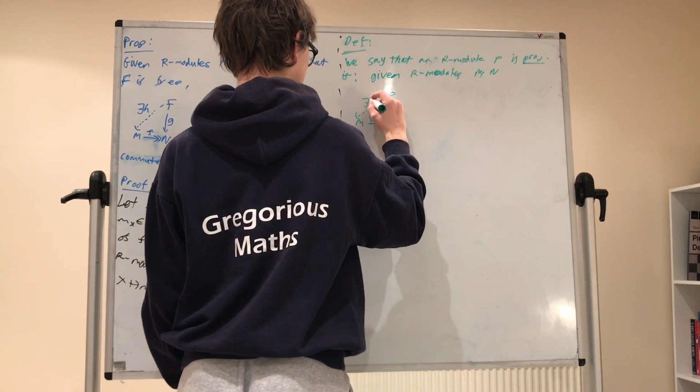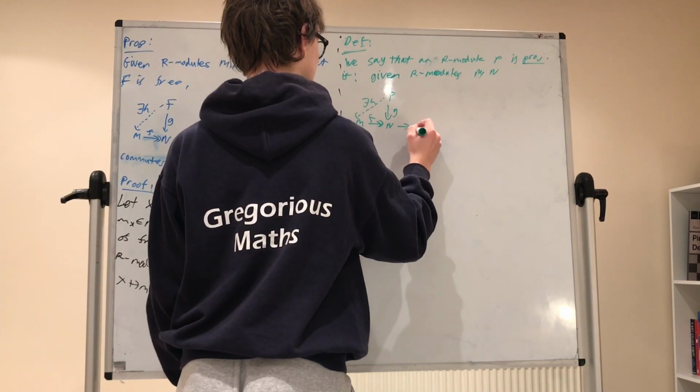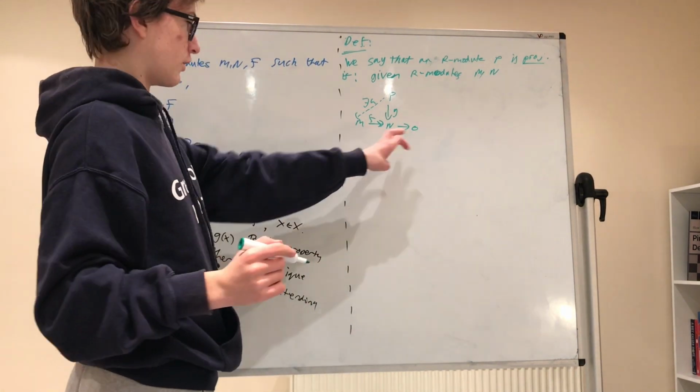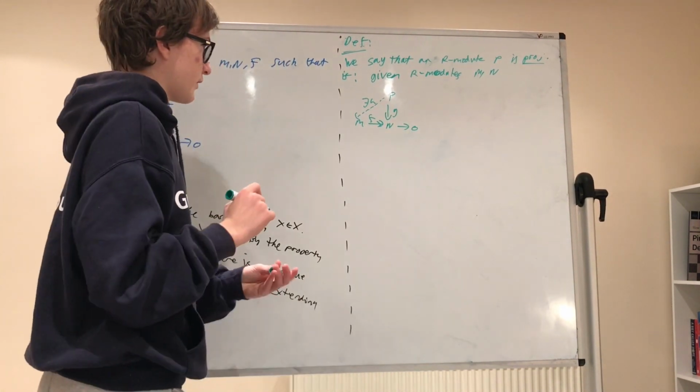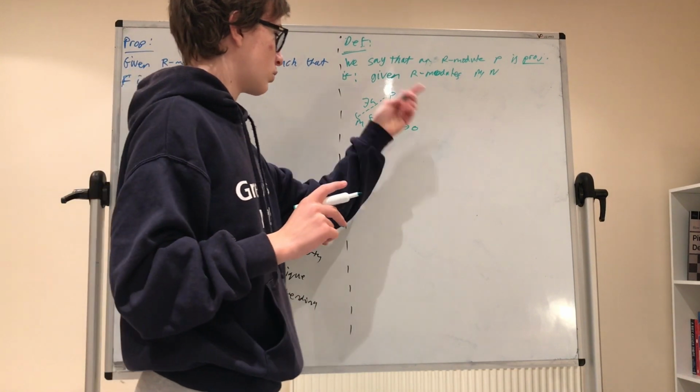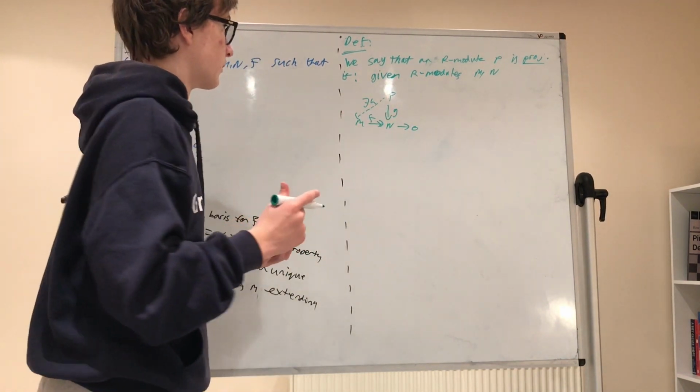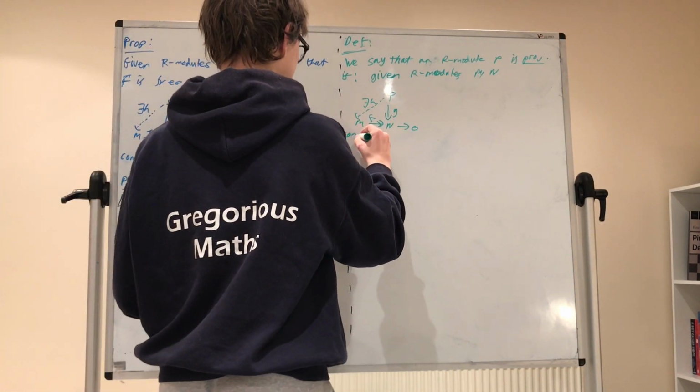There exists some H like this, and this is just a convention because then we can say that this row is exact. And these are all R module homomorphisms, commutes.